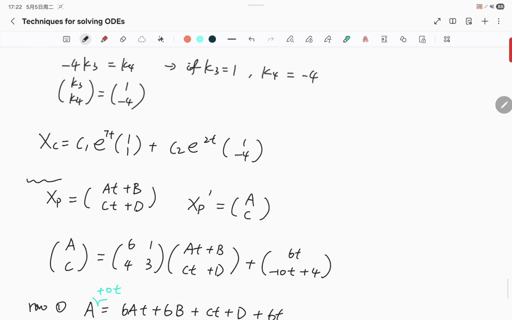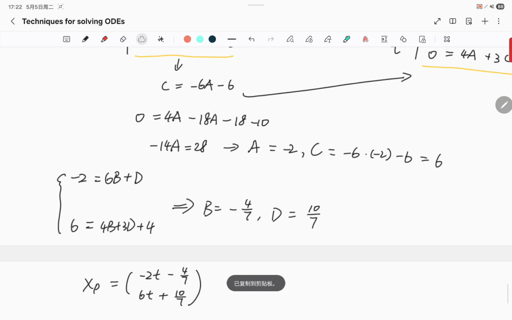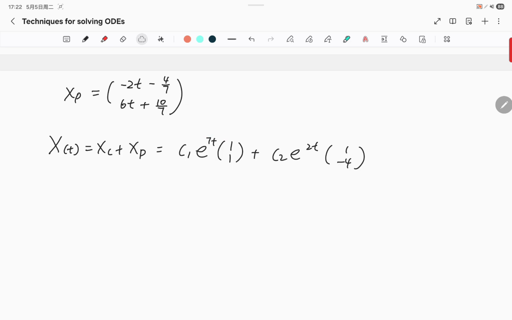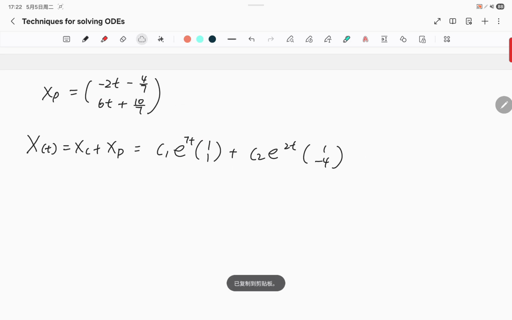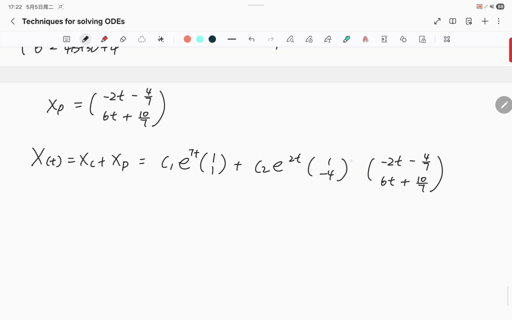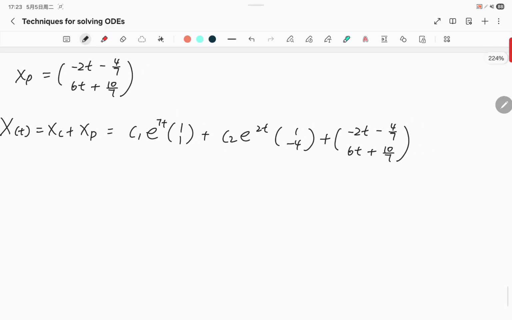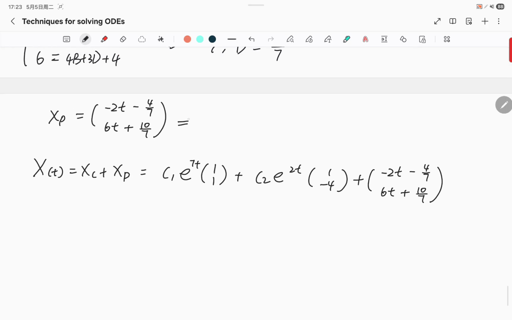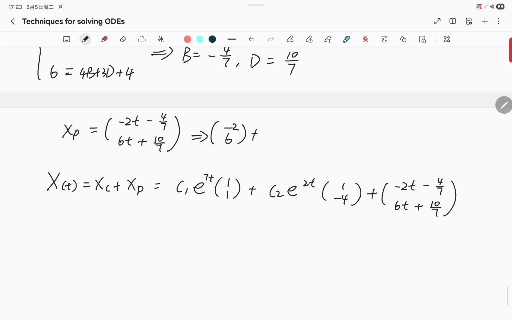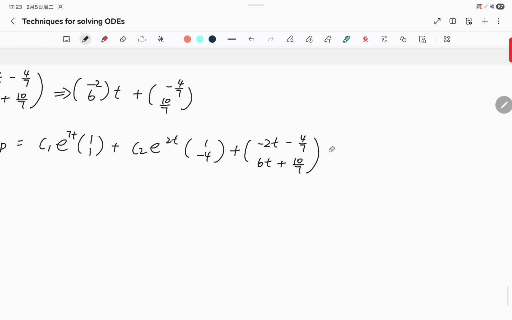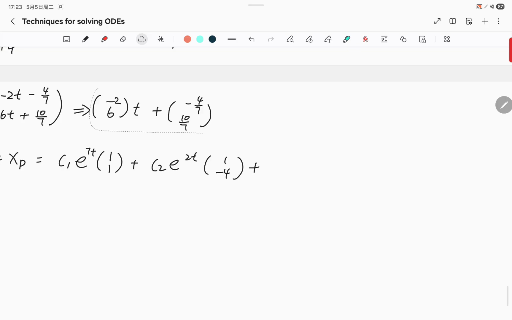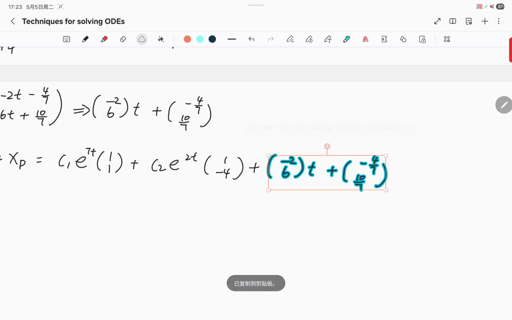We have this, plus this. And if you really want to make this look a bit nicer, you can put a t here, so this can be written as this, right? And there you go.